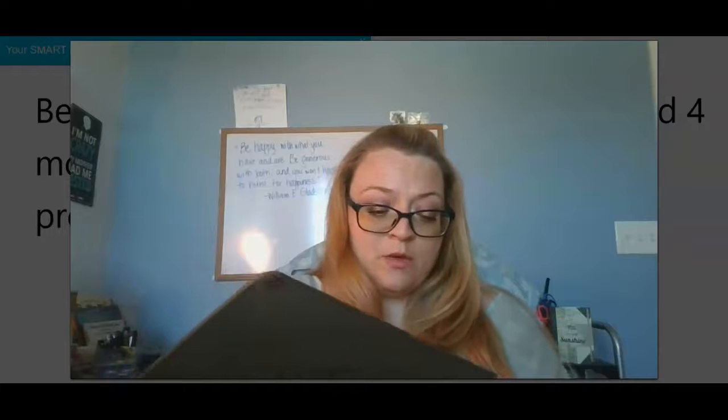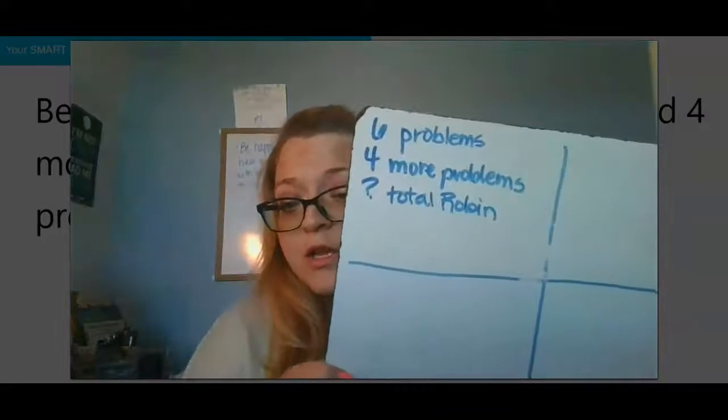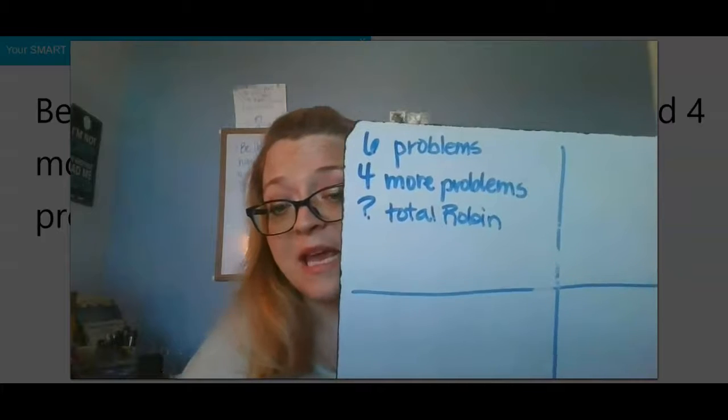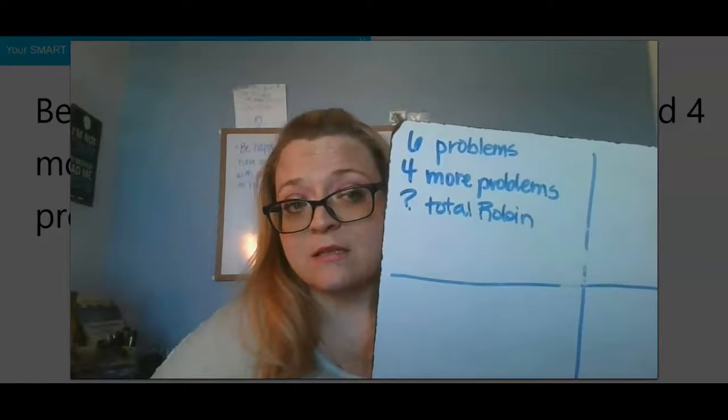Okay, so I'm wondering how many total problems Robin solved. All right, so your first box should look like this. If it doesn't, go ahead and make it look like this, and then we will move into the next box.